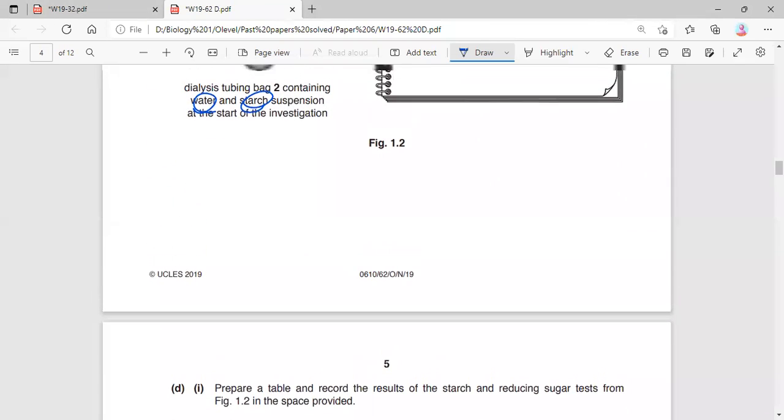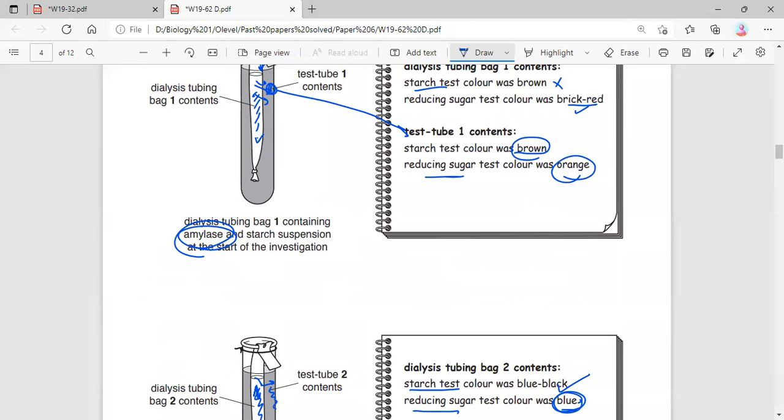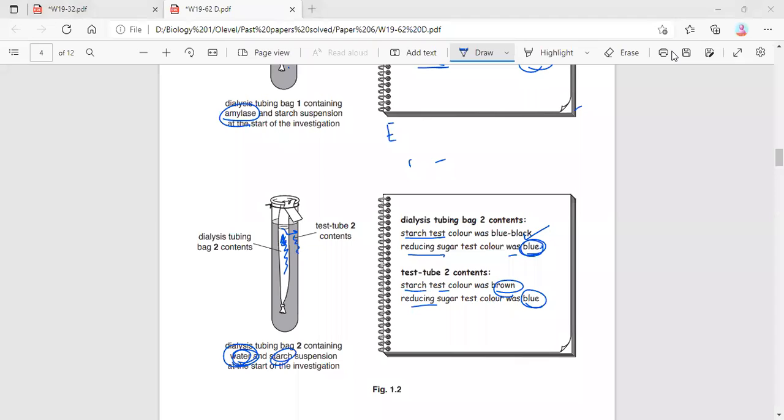Okay, the first question. Prepare a table and record the results of the starch and the reducing sugar test in the table. The first thing to think about: what did I change in this experiment? To record your results in a table, we always put the changed variable on the left side.